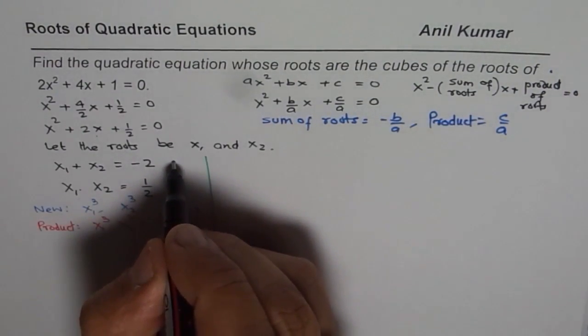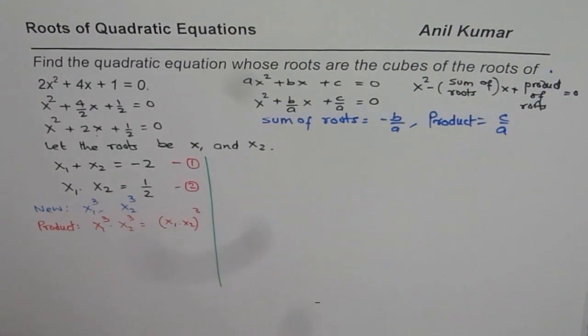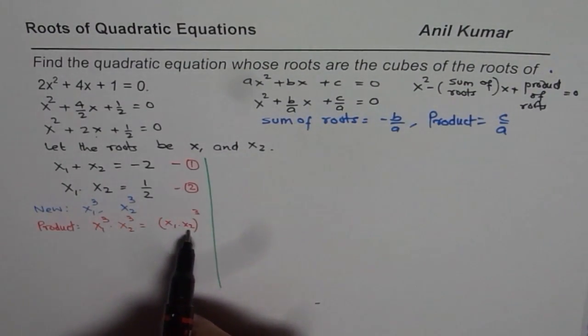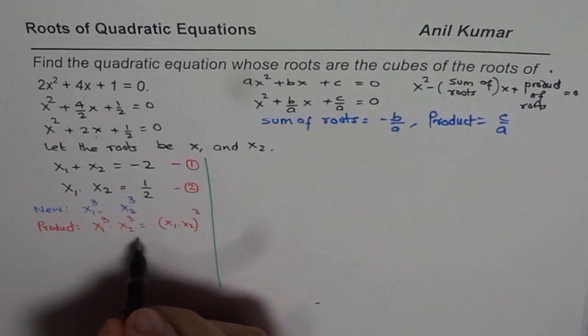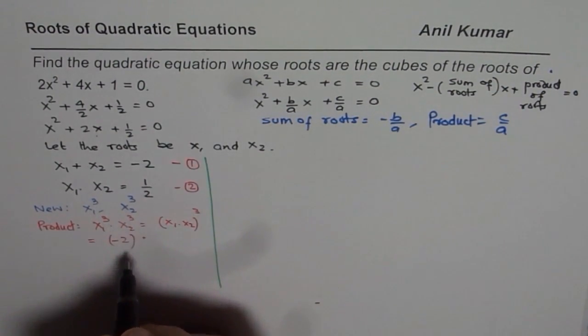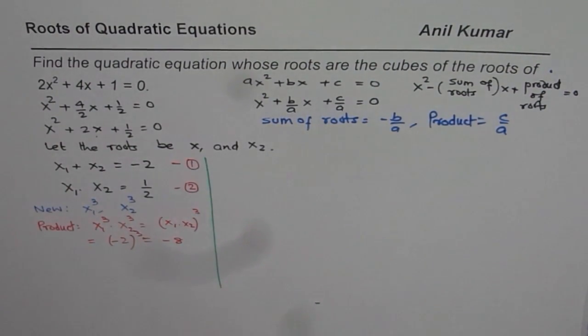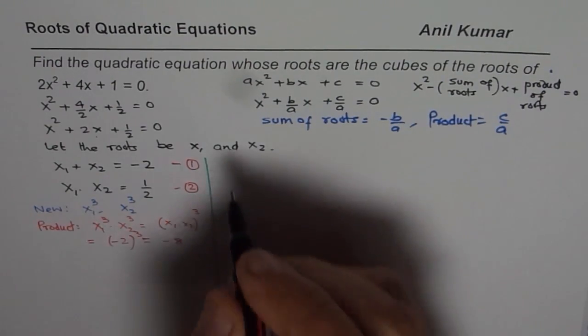Let me name these equations, right? Let's say this is equation 1 for us, this is equation 2 for us. Now x1 times x2 is half, so we get the product as, let me write here, half whole cube, which is indeed 1 over 8. That is the product.